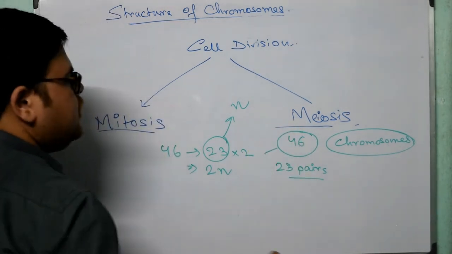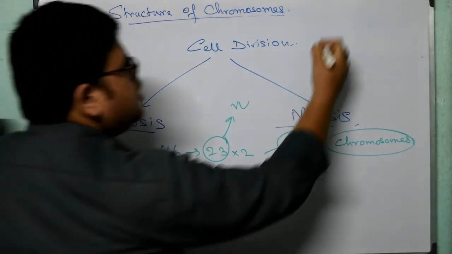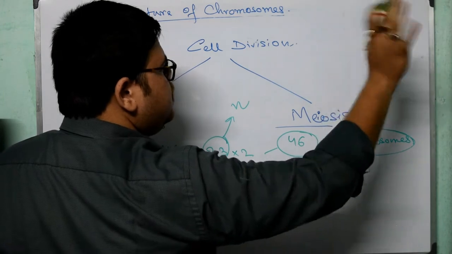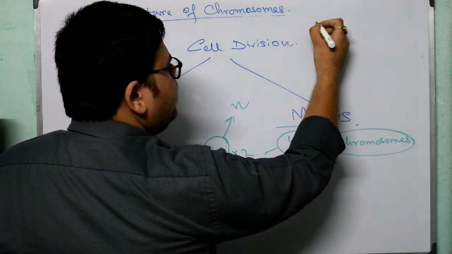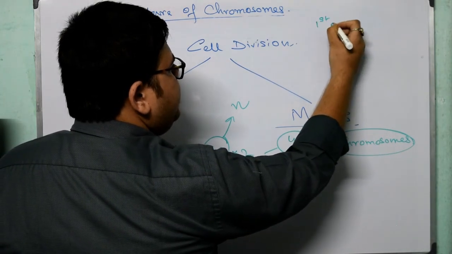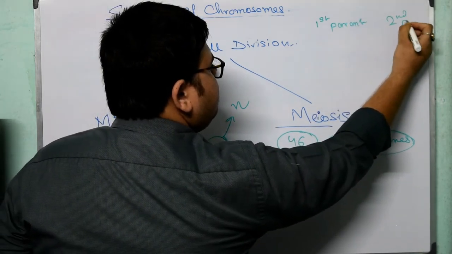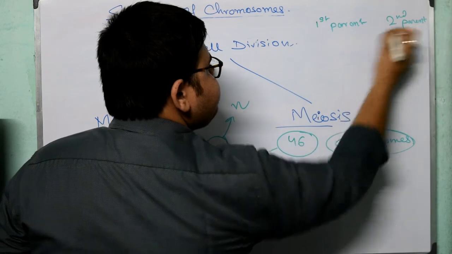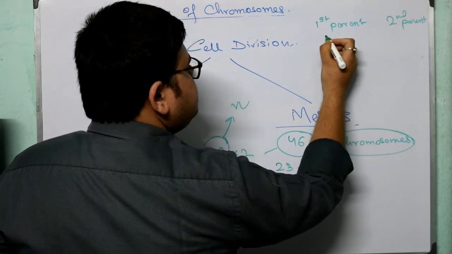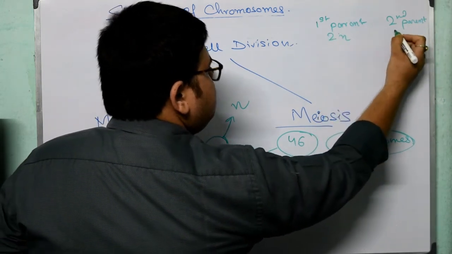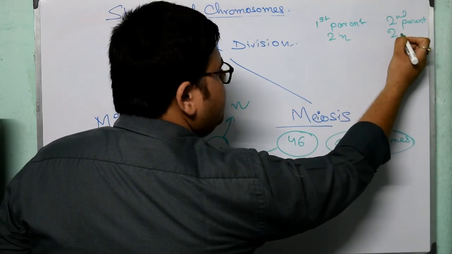For meiosis or for reproduction, what happens? As I have already told you, two parents are needed, right? This is the first parent, this is the second parent. They have 2n cells, and this second parent also has a 2n cell.